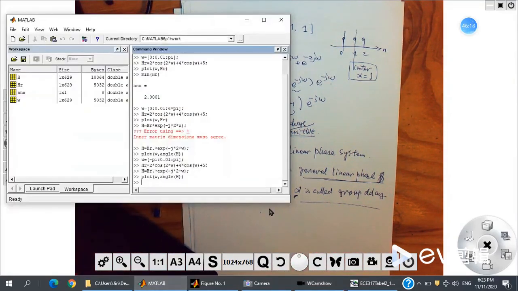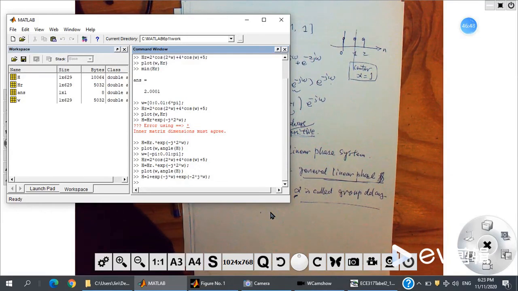Here we have H will be 1 plus exponential power of negative j times omega, plus exponential power of negative 2 times j times omega. This is the new H.